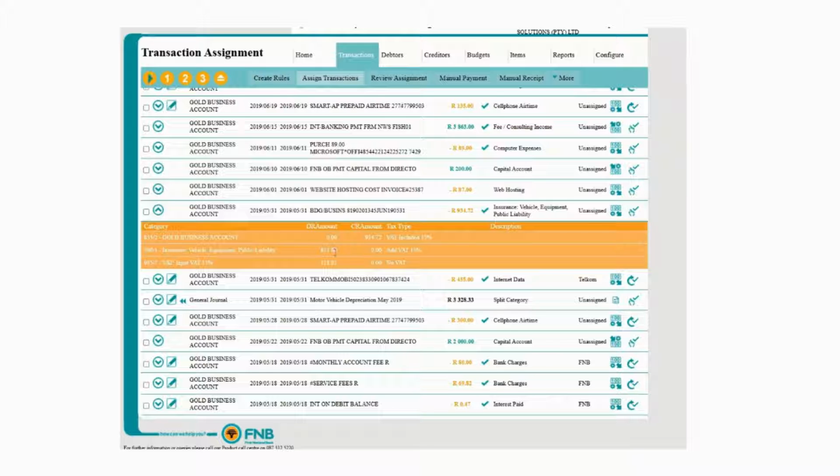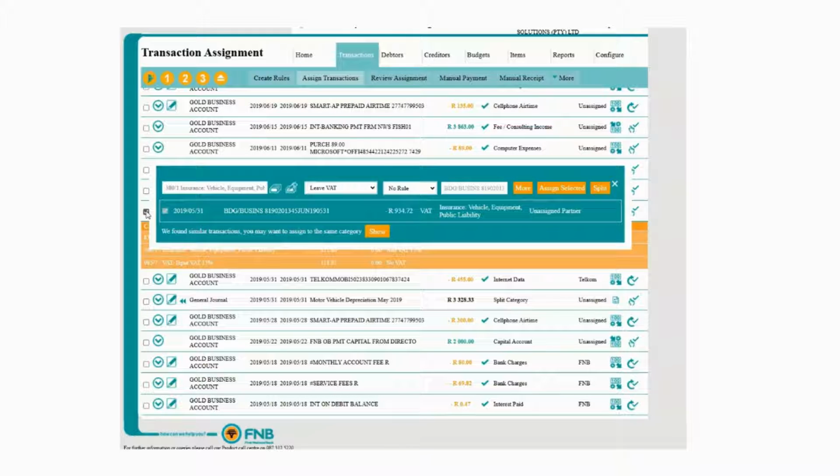So this is what will appear on my management reports or income and expense statements, and this will appear under my VAT control report that's going to be used for my VAT201. So that's how you can see that VAT was applied, and this is what you would normally include.